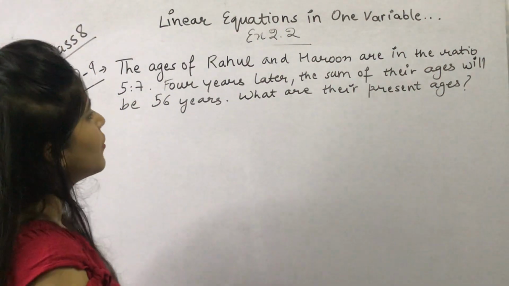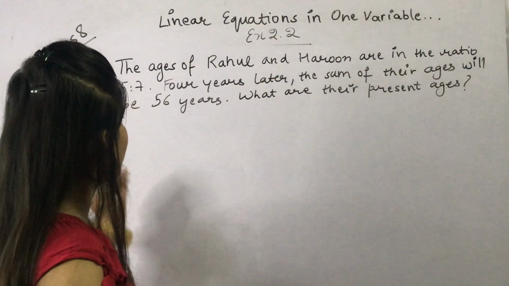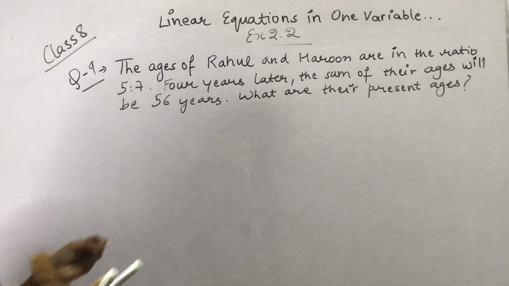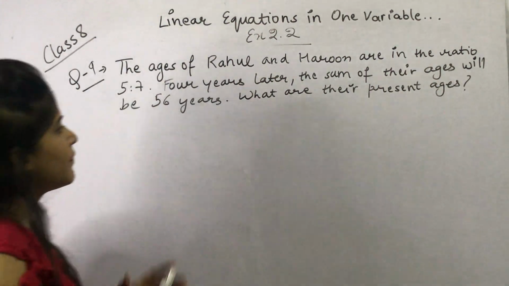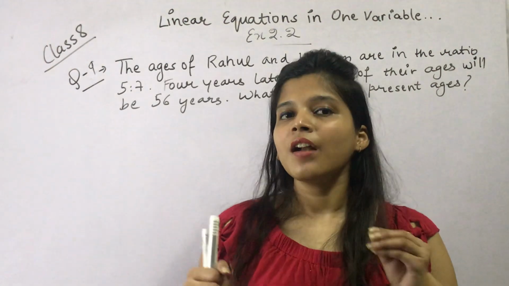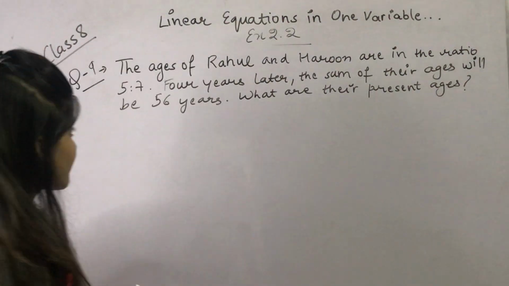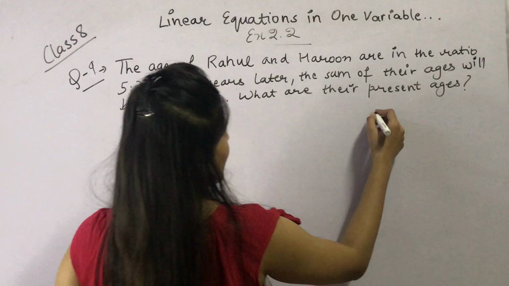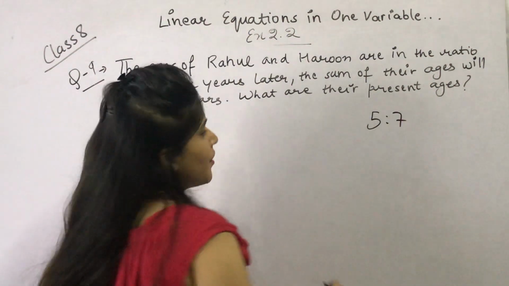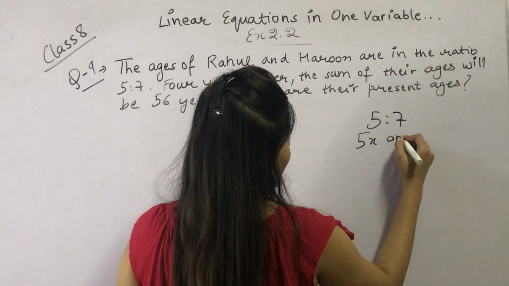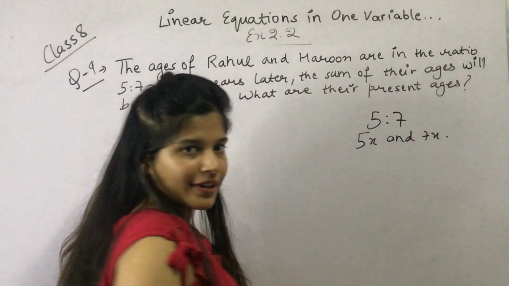The ages of Rahul and Haroon are in the ratio 5:7. 4 years later, the sum of their ages will be 56 years. Find their present ages. Now, I told you that whenever we are given anything in a ratio, we take it as 5x and 7x. Okay.